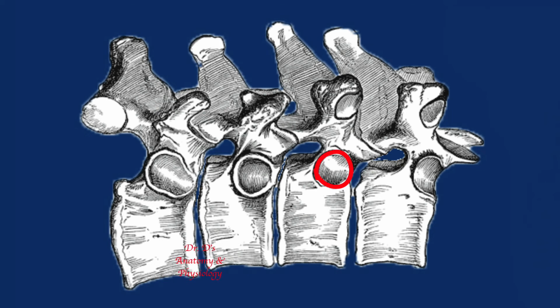In other words, although in this figure it looks like the head of rib 10 articulates only with the body of T10, this can vary where the head of rib 10 is going to overlap the bodies of T10 and T9, so that you'll find demifacets on both T10 and T9 instead of just seeing one whole facet on T10. We'll see an example of this in just a second.